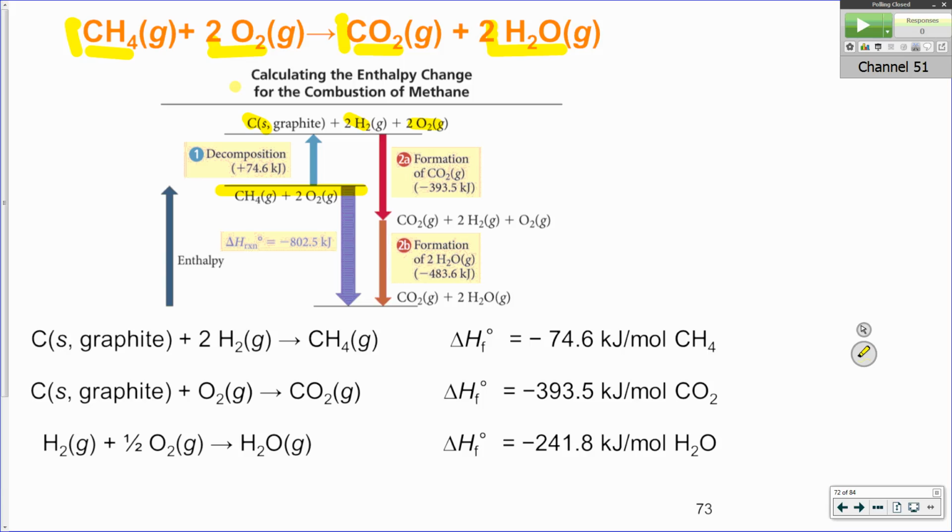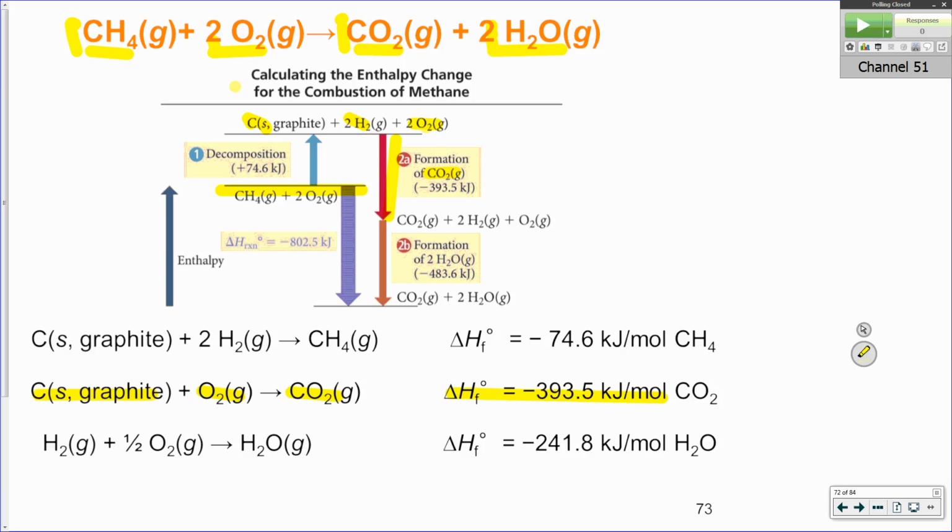Then I'm going to start forming the things together. First thing I'm going to do is take some of the carbon and some of the oxygen and form some CO2. That reaction is carbon plus O2 yields CO2, and I look up in the table and find it's minus 393 kilojoules per mole.